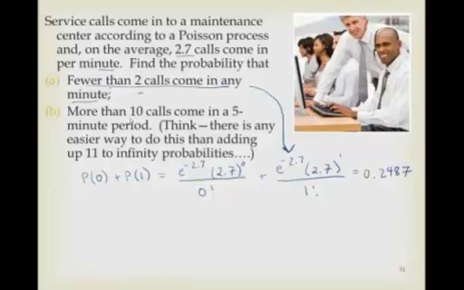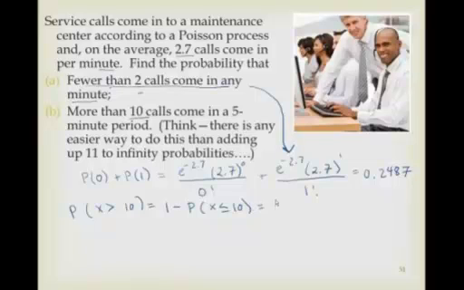Now, the second is more than 10 calls come in a 5-minute period. Well, we can say that the probability that x is greater than 10 is 1 minus the probability that x is less than or equal to 10, right?